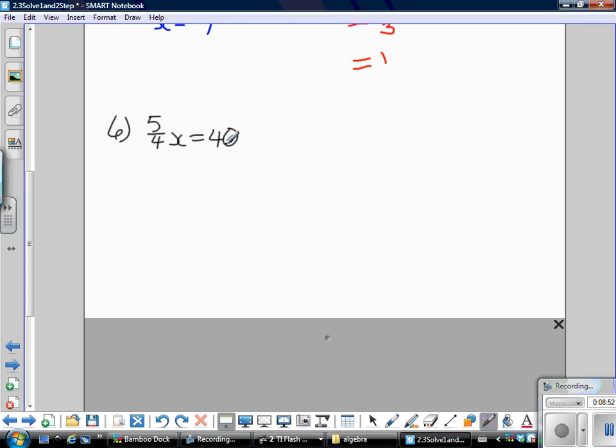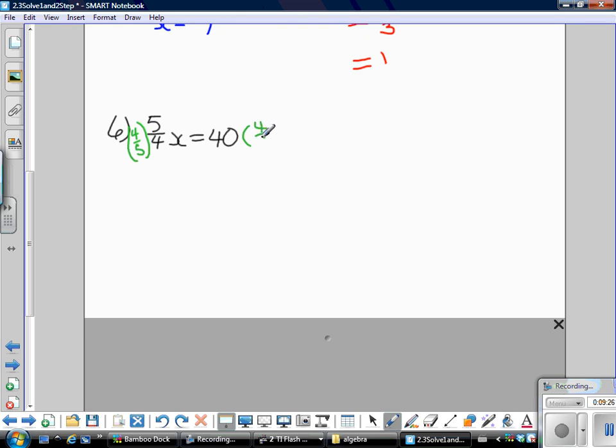5/4 x equals 40. So multiplying by 5/4 is the same thing as dividing. So the opposite would be dividing by 5/4, which would be the same as multiplying by 4/5. Okay, if you notice, all I did really there was multiply by the reciprocal of that number. Oops, I'm using the magic pen. That won't work because it'll disappear. So I'm multiplying by 4/5 on that side, so I must multiply by 4/5 on this side.